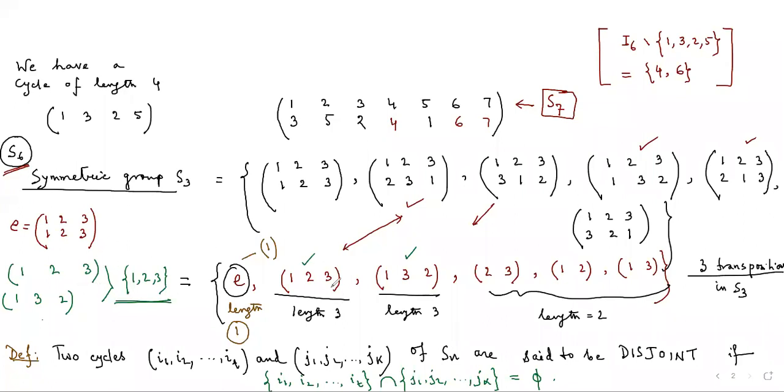So therefore, the two cycles marked by green tick are not disjoint cycles. Disjoint cycles will be those cycles where the sets of elements of the two different cycles have no common element between them.